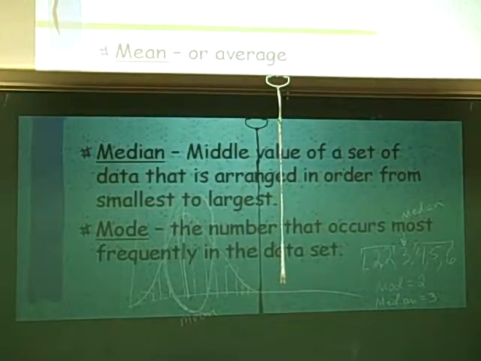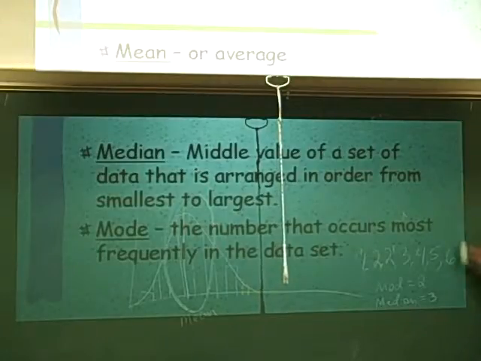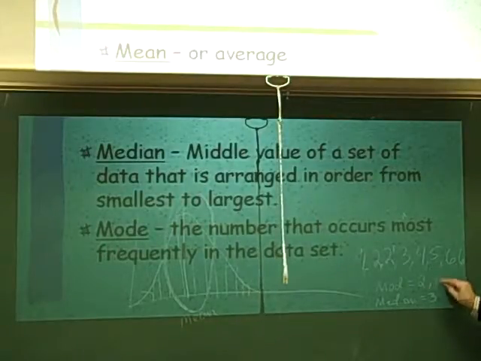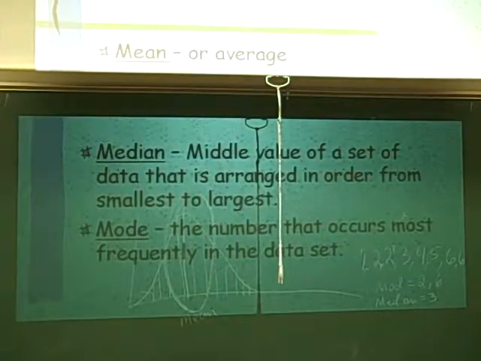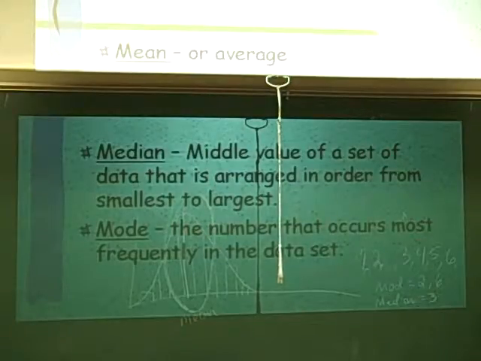Now, sometimes we have more than one mode. For example, if we have 1, 2, 2, 3, 4, 5, 6, 6, now our mode is 2 and 6, because we have 2 modes. And then there are times when we have 1, 2, 3, 4, 5, 6.